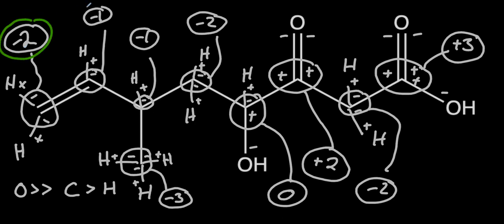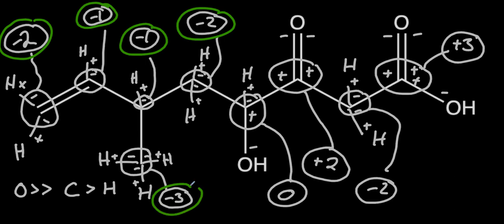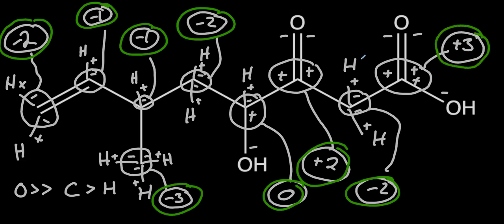So we've got a -2, a -1, a -1, a -2, a -3, a 0, +2, -2, a 3, and I think I have not forgotten anything. So there should be 9 total carbon atoms. So 1, 2, 3, 4, 5, 6, 7, 8, 9. All right, if we average these numbers, we should get the oxidation number for the overall compound.